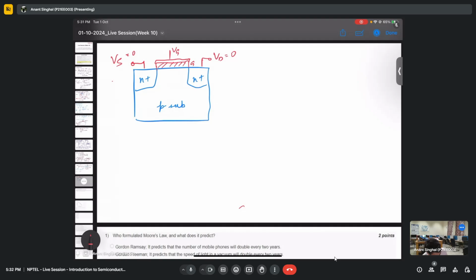Any guesses how the band diagram will look? If you remember the band diagrams I have made you make, something like this.